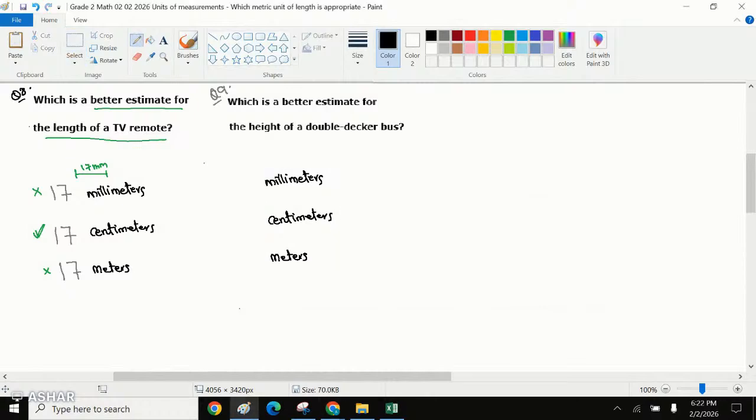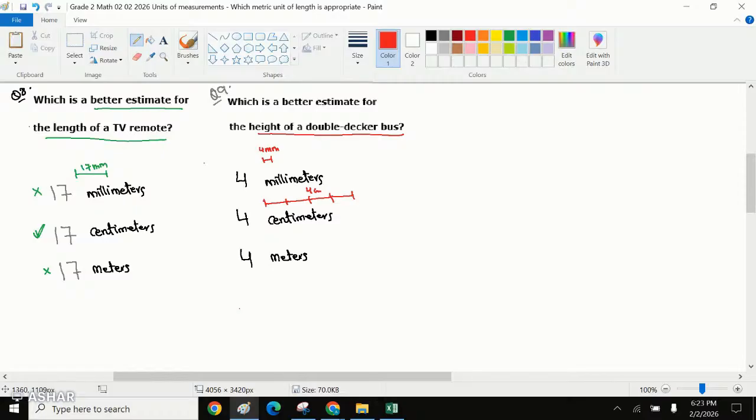So can the height of the bus be 4 millimeter, 4 centimeter, or 4 meters? We know that 4 millimeter is this. Can this be the height of the double-decker bus? Or can this be 1 centimeter, 2, 3, and 4? This is 4 centimeters.